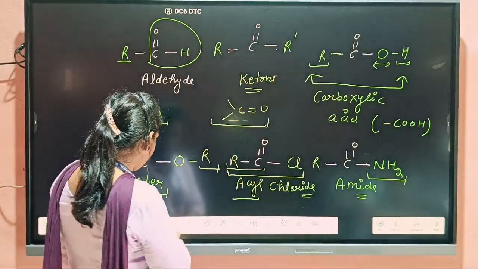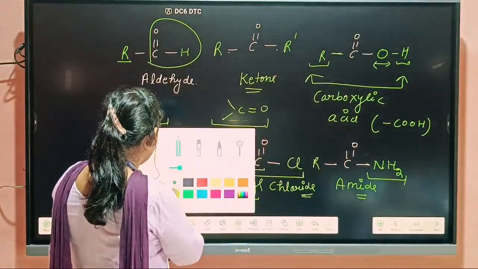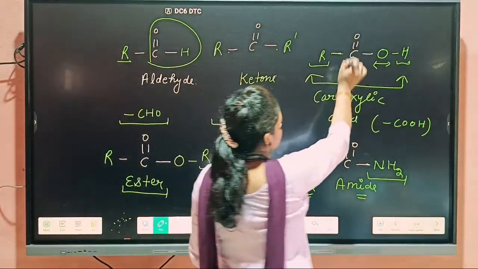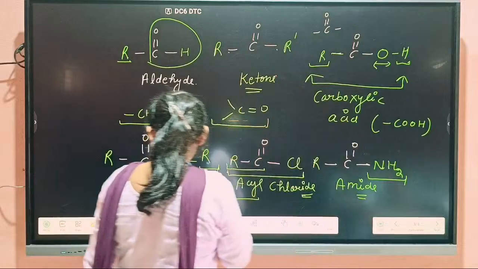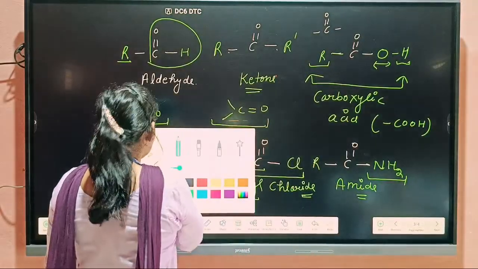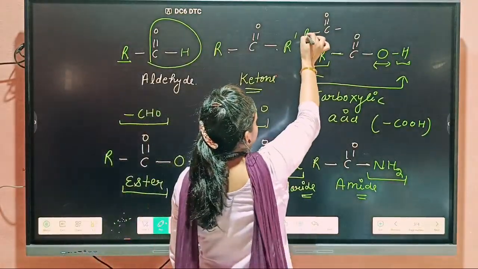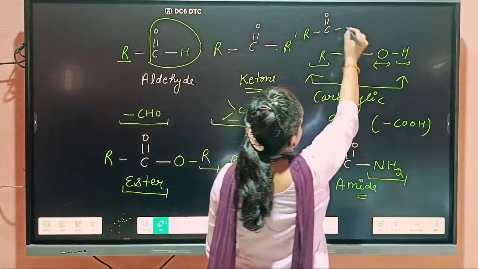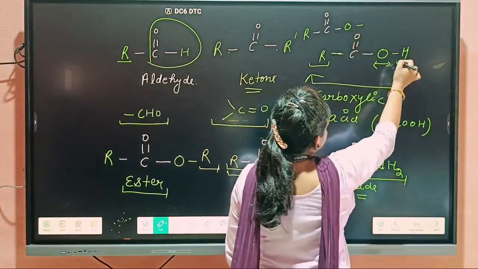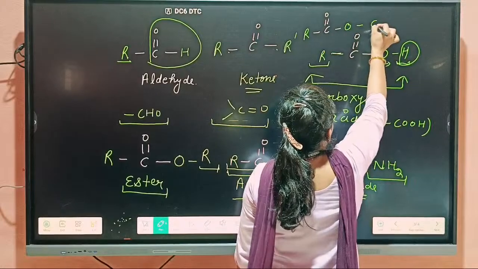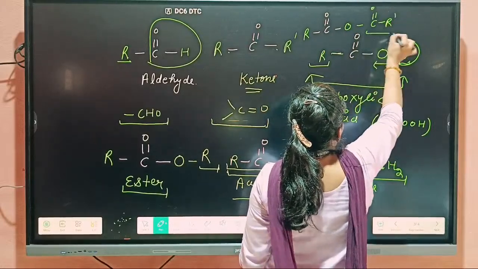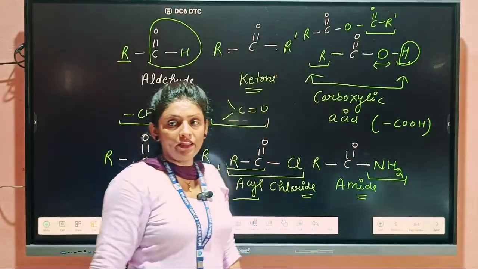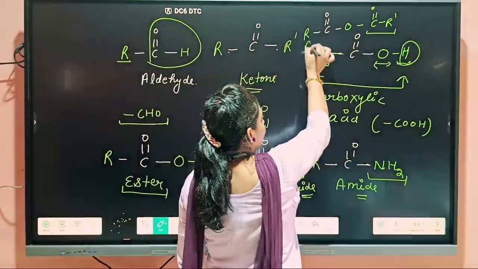And if you replace this H here, with C double bond O R, this group, then they form acid anhydride.